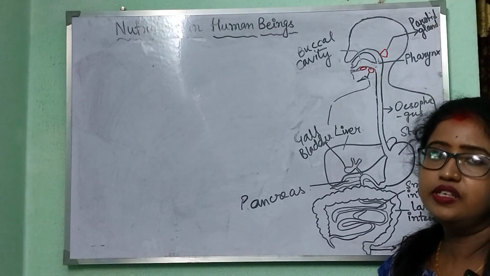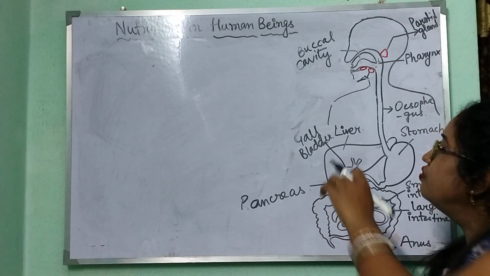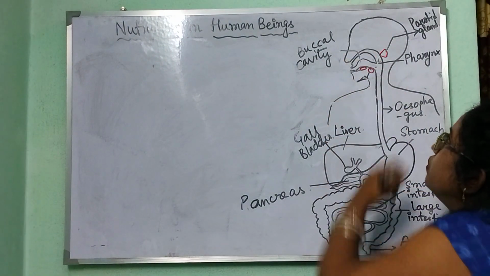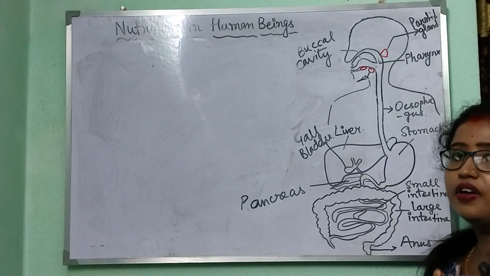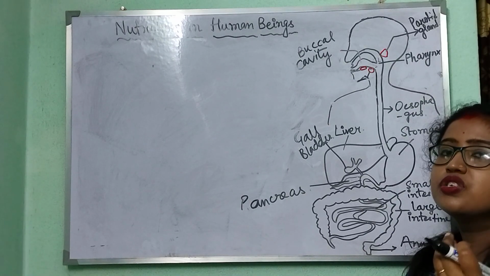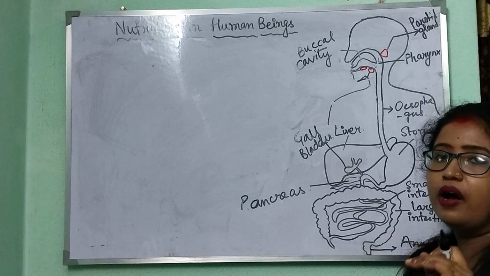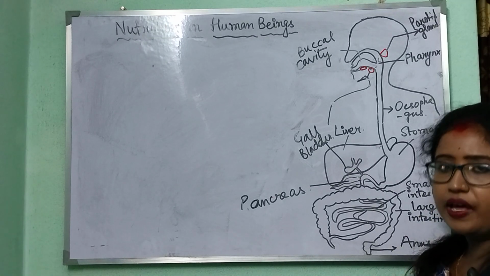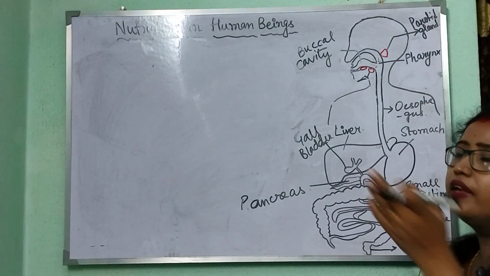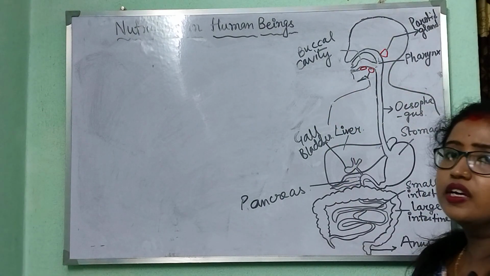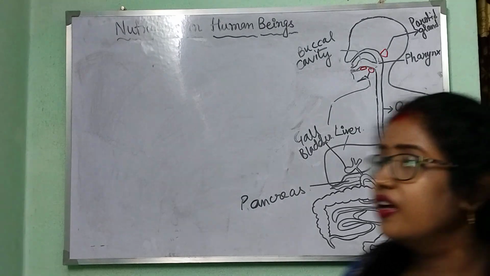If accidentally small parts of food enter into our windpipe or our nasal pipe, we cough and the food is thrown out from our nasal cavity back to the pharynx, and the food then moves into the esophagus region.